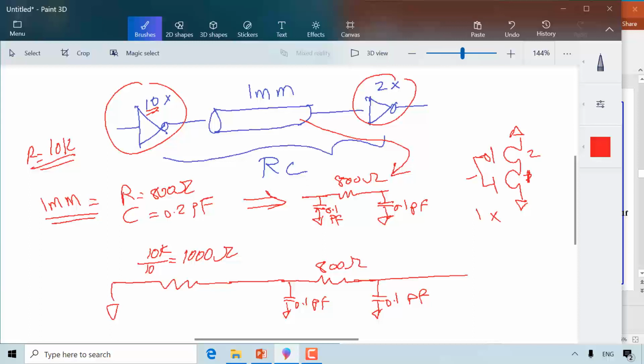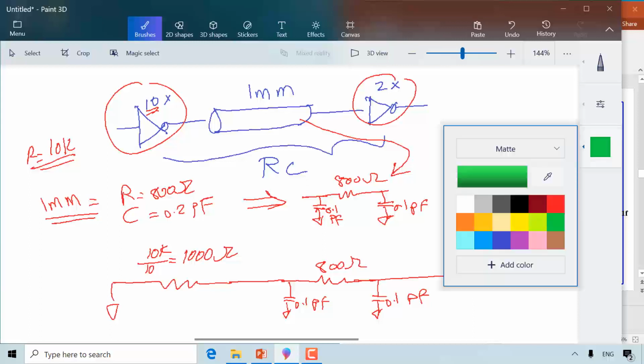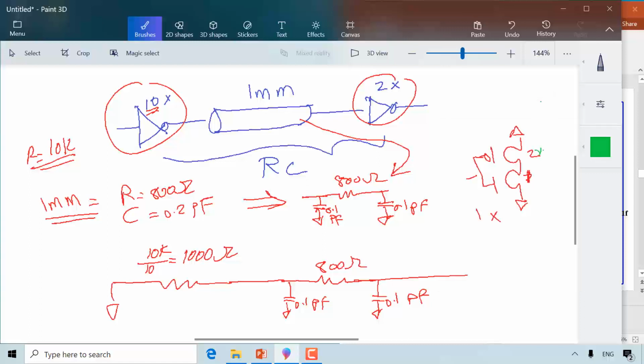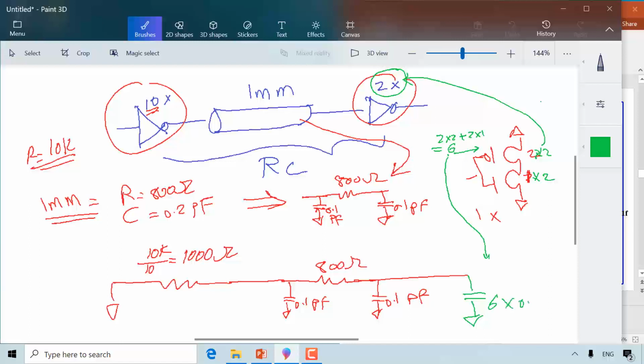Now, if I have 2x, then I need to multiply this by 2, because he told me the receiver is double the unit size. How many units am I seeing in the gate? I'm seeing 2 plus 2 plus 2 plus 1, which equals 6 units. So there is a 6 times 0.1 picofarad. This is for the gate load.